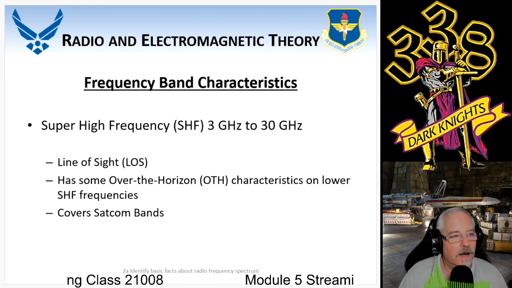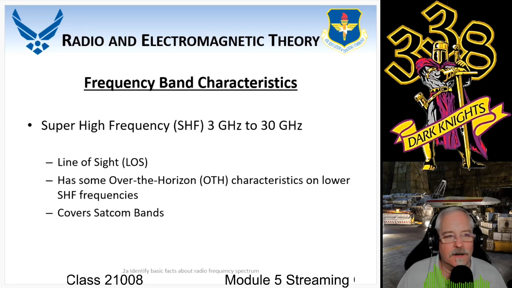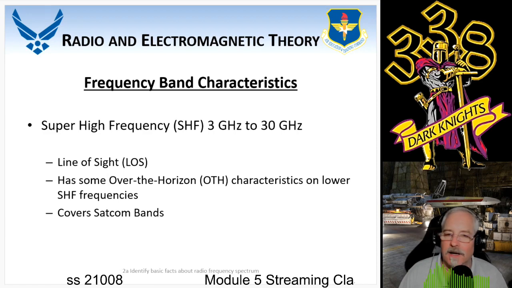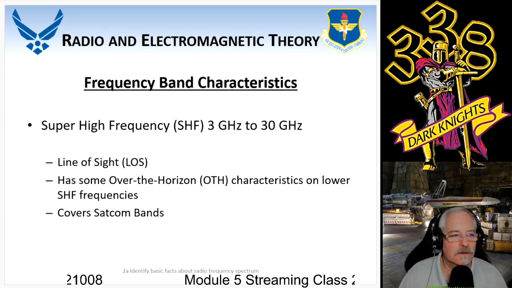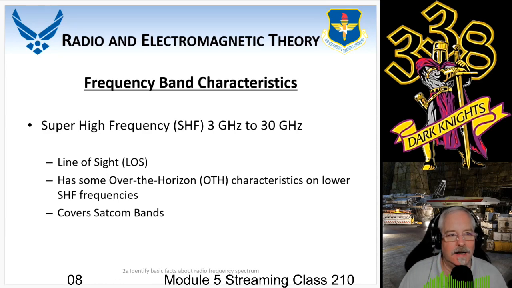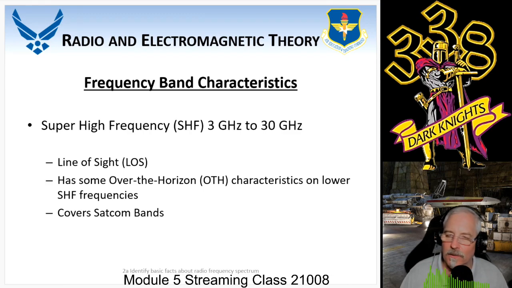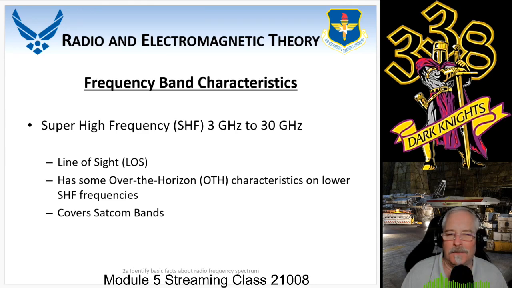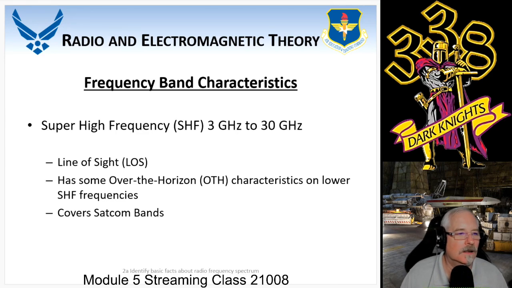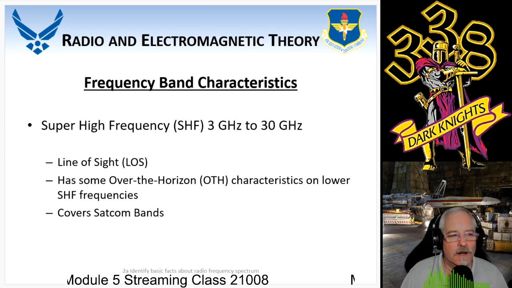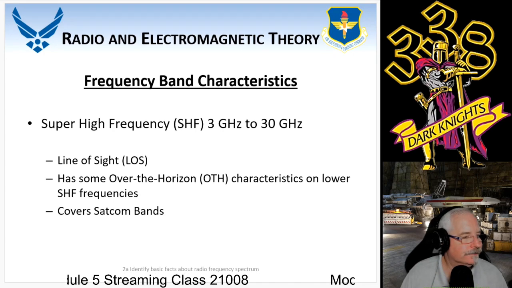When you get into SHF, that's at 3 to 30 gig. You have line of sight and over the horizon. And again, that is more your lower SHF frequency, somewhere around that, all the way up to about 15 gig. It does cover on your line of sight the Satcom band.